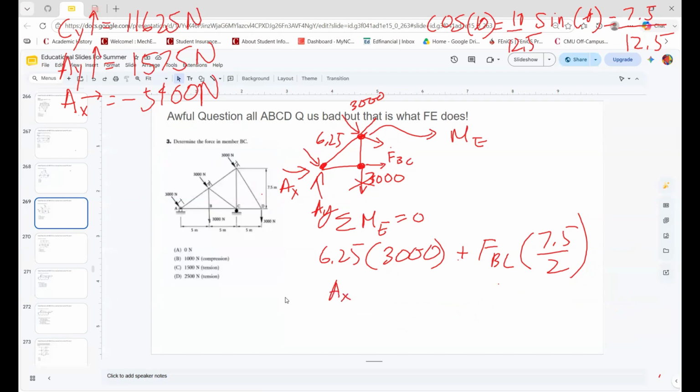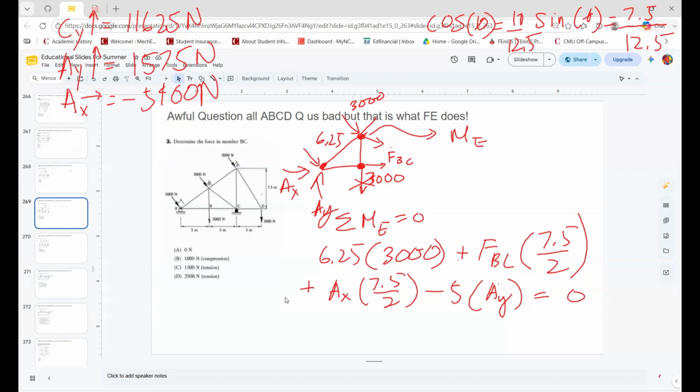Ax goes into the positive direction, and this is again 7.5 divided by 2. And for the real test, I can't really mess that up. That would be horrible. Minus 5 multiplied by Ay. Now let's do this. 6.25 multiplied by 3000, multiplied by negative 5400, multiplied by 7.5 divided by 2.